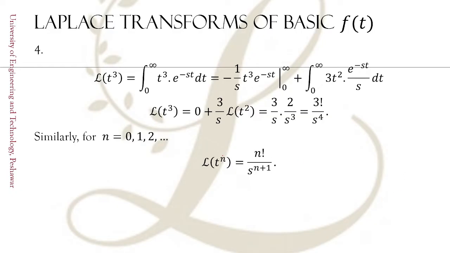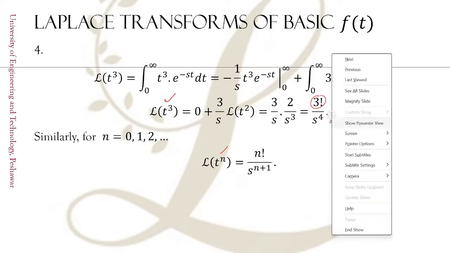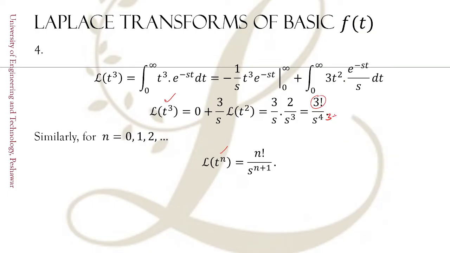If we have t cube here, then in place of n we get 3 factorial divided by s power 3 plus 1. Okay, the same thing is here. If n is an integer, keeping in mind, in fact, a non-zero positive integer, then Laplace of t power n will give you n factorial divided by s power n plus 1.